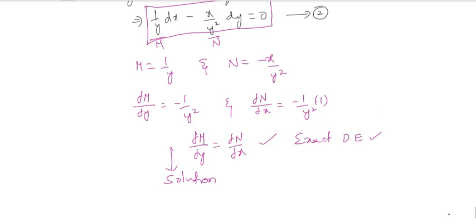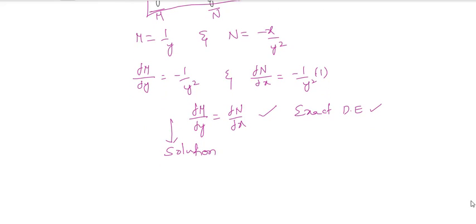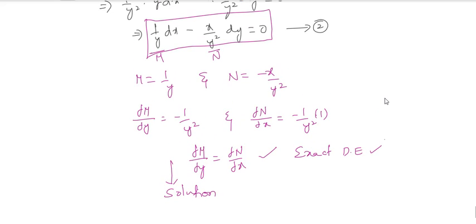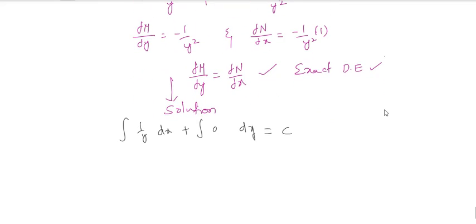So integral M dx means 1 by y into dx, plus the integral of terms not containing x. You don't have any, so this is dy, which is equivalent to c. So what is the solution here? 1 by y integrated gives log y, which is equivalent to c. This is the solution for the corresponding differential equation.